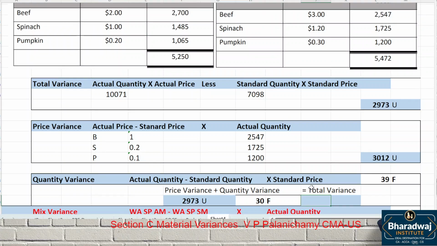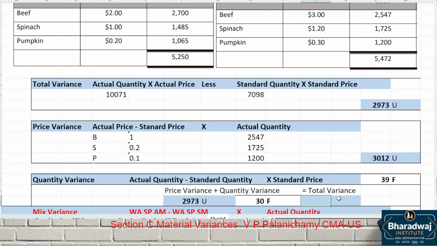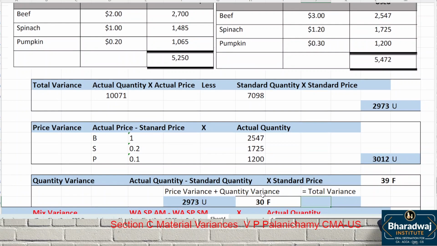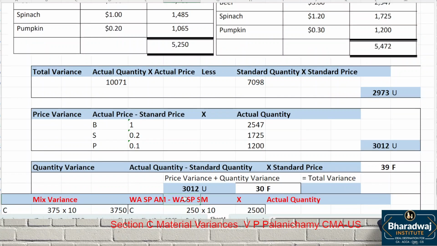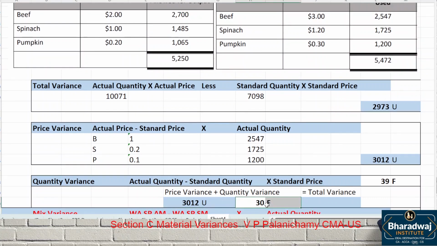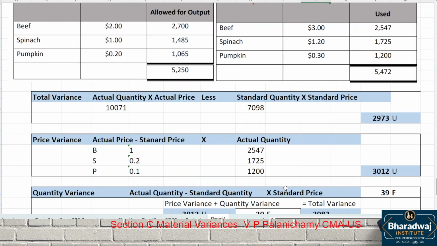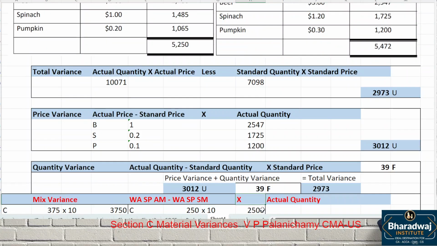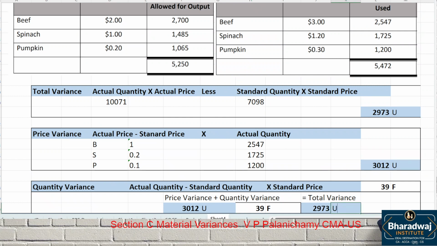So total variance, are we getting it? Price variance is 3012 unfavorable. This is 39 favorable. Total variance: 2973 unfavorable.